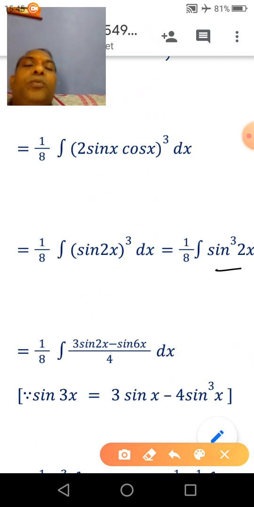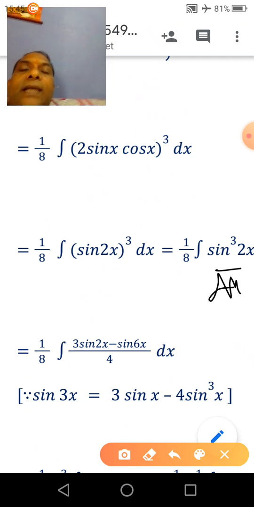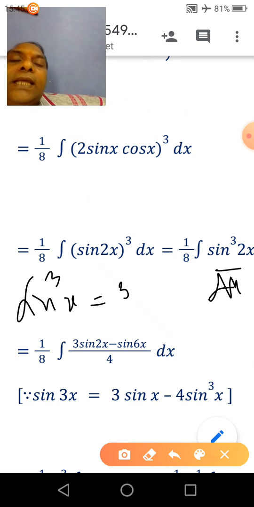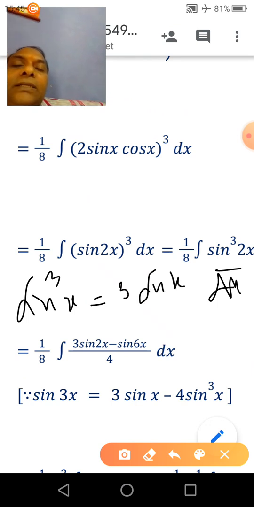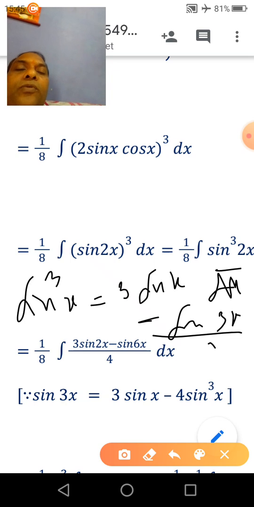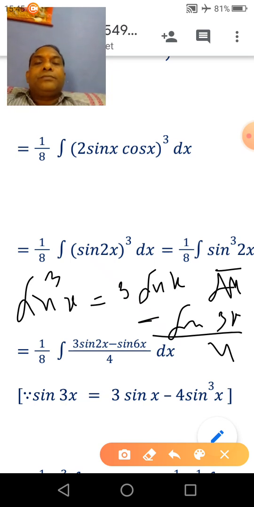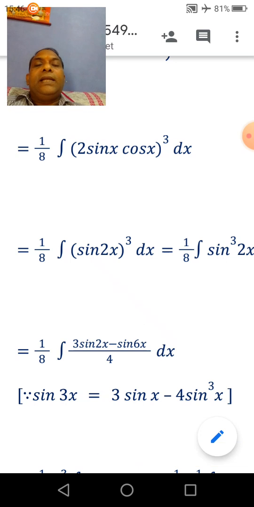This will be equal to sine cube 2x dx, and apply the same formula, sine cube x is equal to 3 sine x minus sine 3x upon 4. Use the same formula here. Clear?